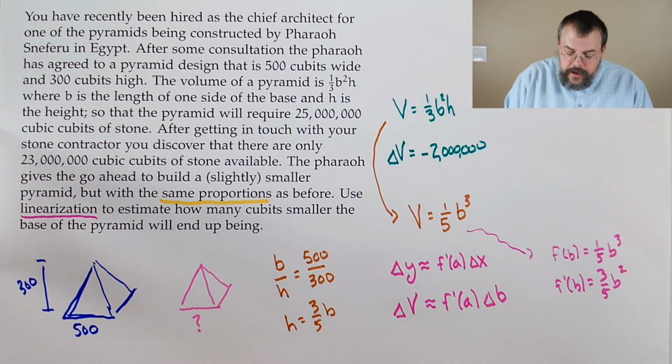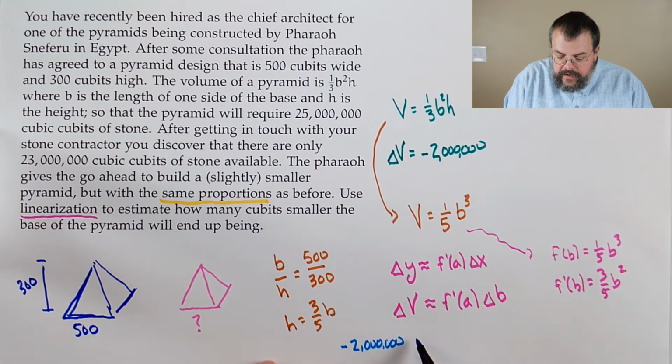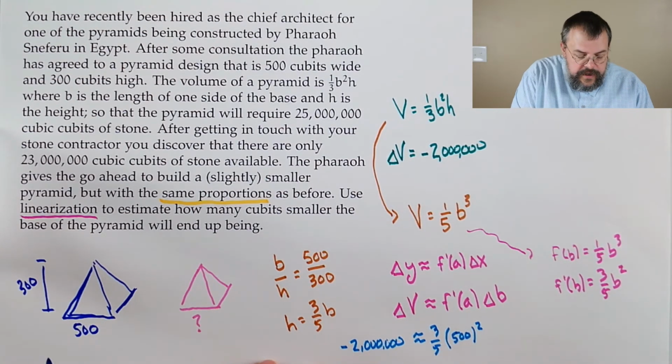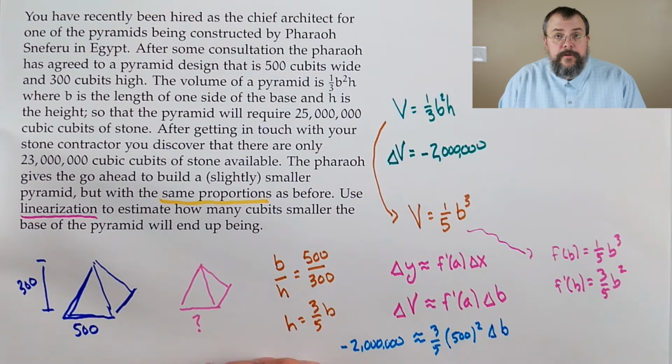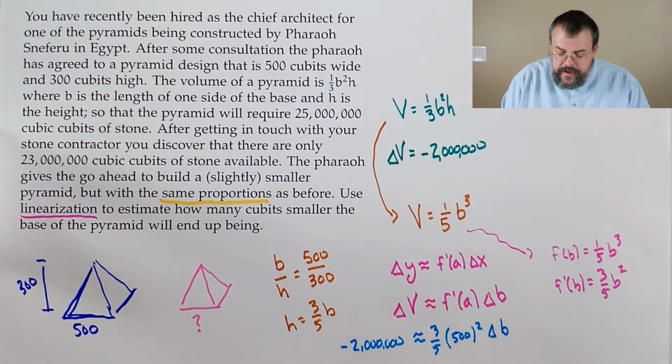So the change in volume is minus 2 million. That's approximately what happens when you take 3/5 times 500 squared, because the original design had b equals 500, times the change in your base. Now, this looks intimidating, but we're not going to be intimidated.